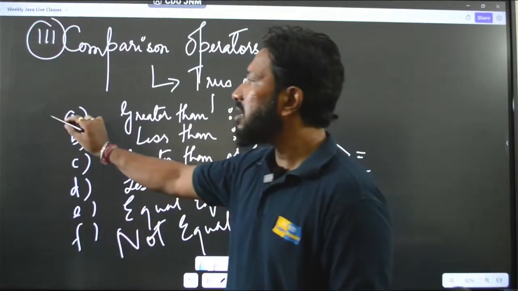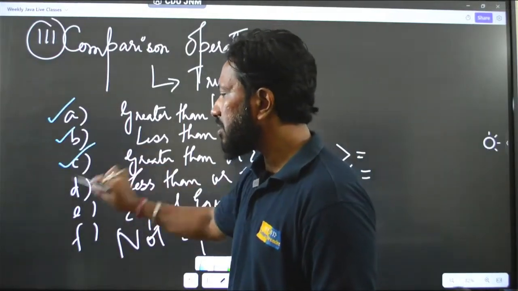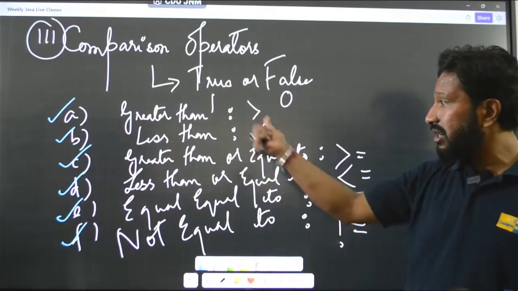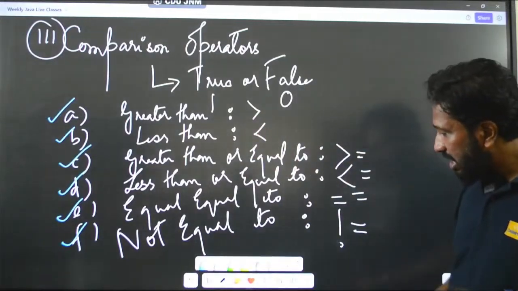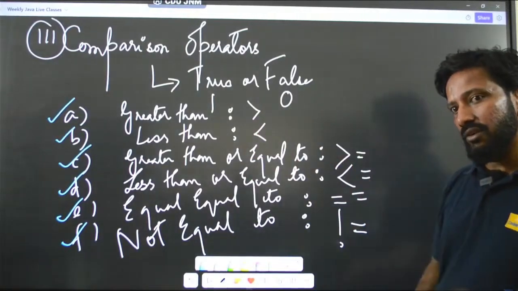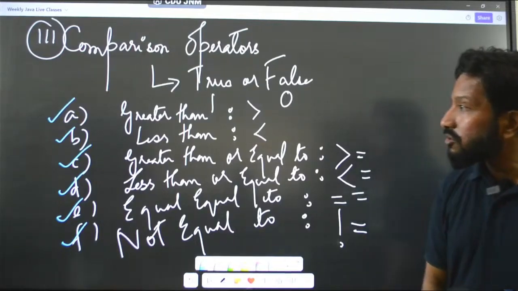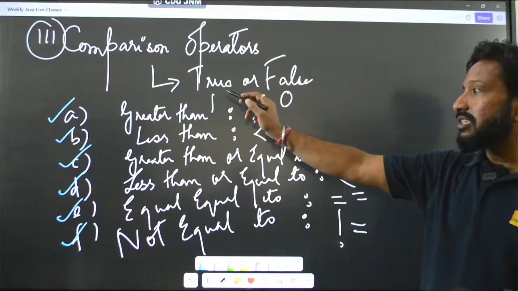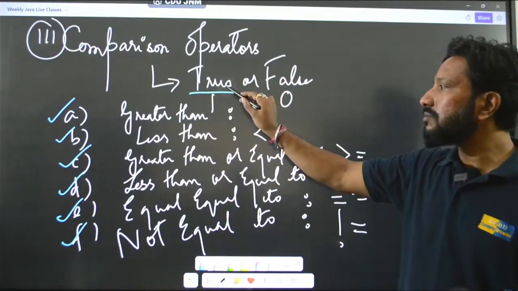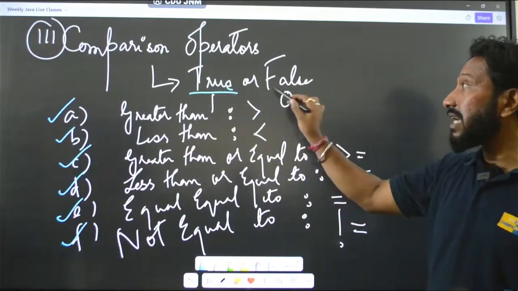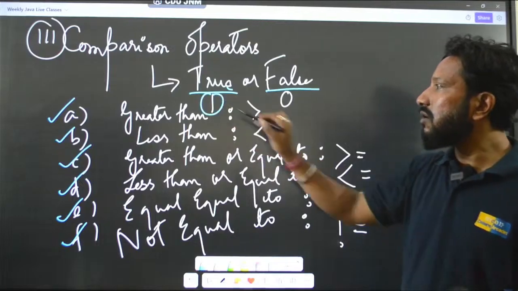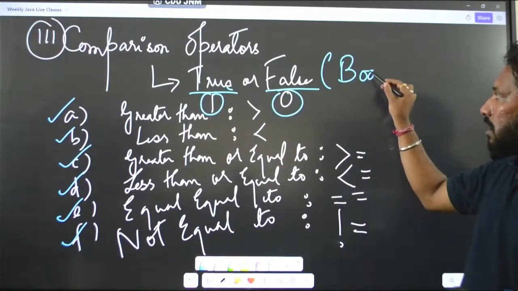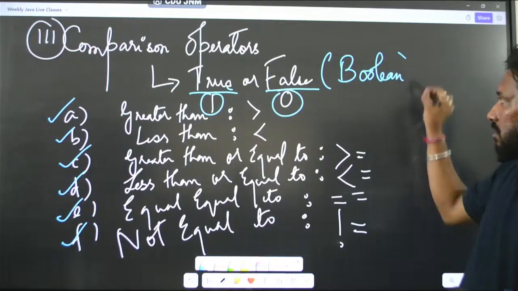So we have this one, this one, this one, this one, this one, this one, and in mathematics we have already come across these 4. Okay. So remember, the result of the comparison operators is always true or false, that is 1 or 0, which is actually Boolean.